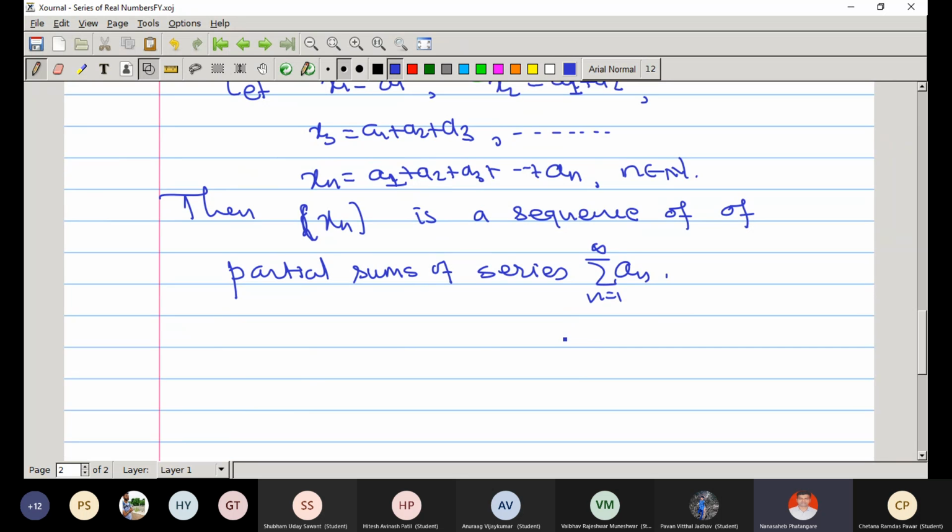If I increase x4, x5, x6, x7, keep on adding more and more terms, and as n tends to infinity, what will happen in xn?